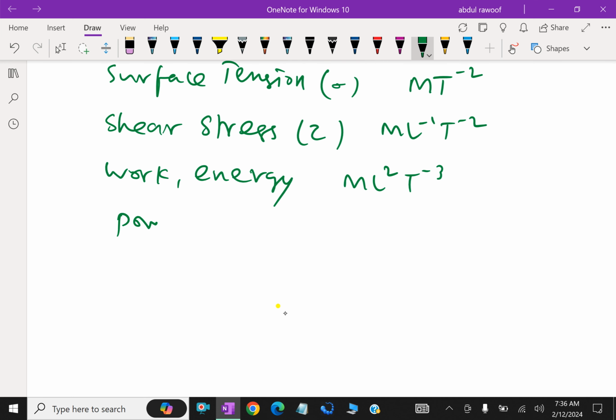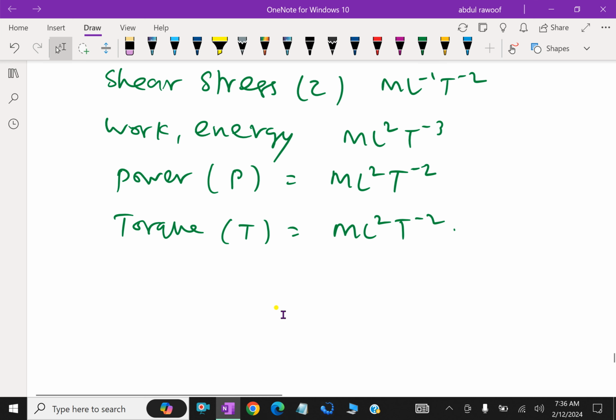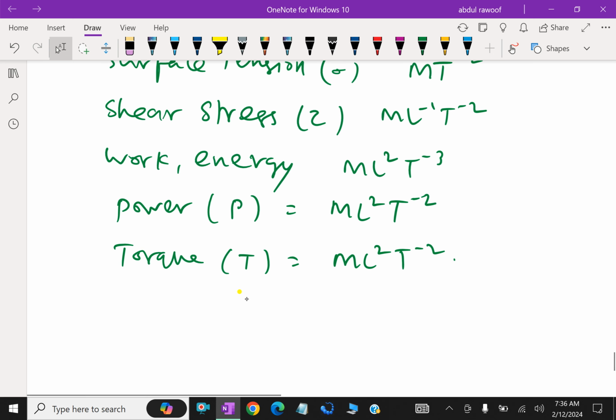Torque, T, is equal to M L square T power minus 2.